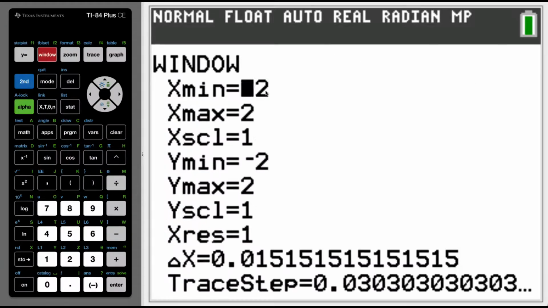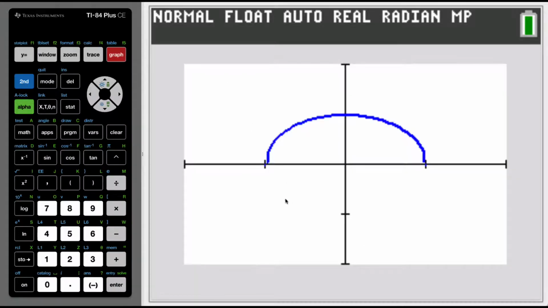I'm going to adjust the window a little bit. I'm going to go from -2 to 2 on my x's, and from -2 to 2 on my y's as well. Now the graph is going to be a little bit stretched out horizontally, but this is actually just half of a circle with a radius of 1.